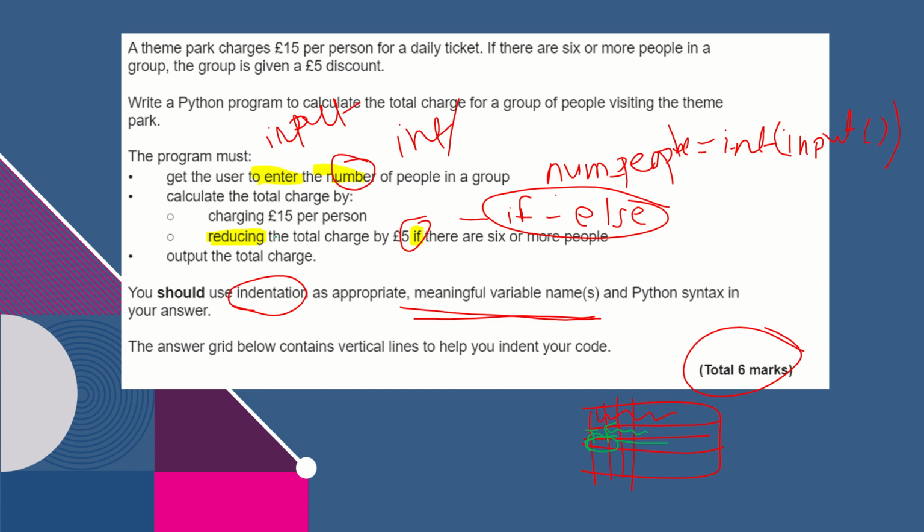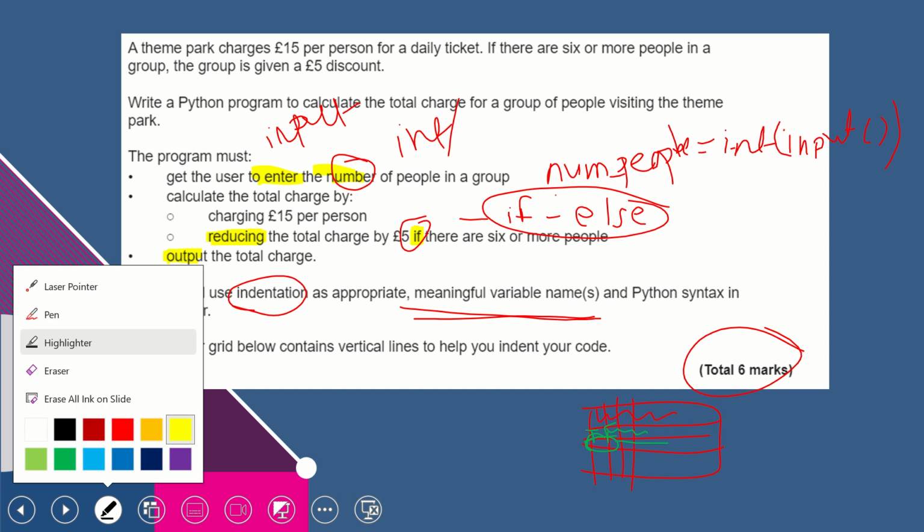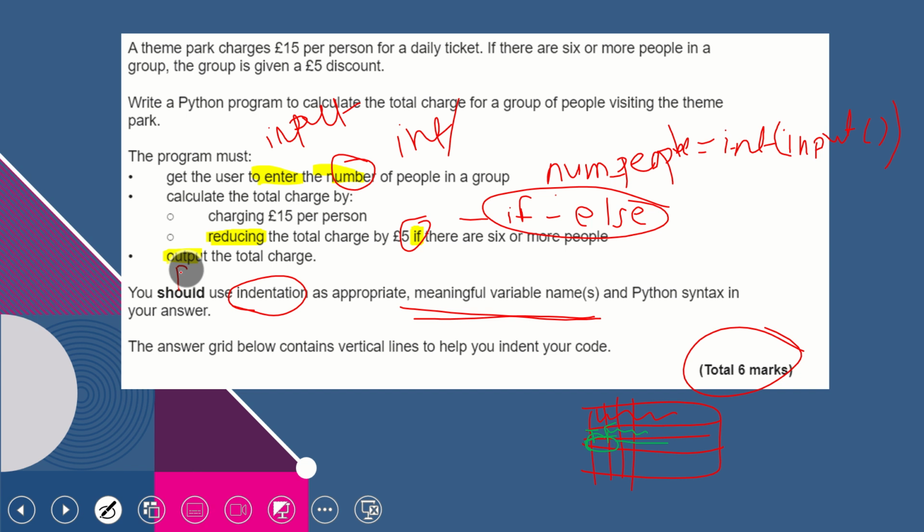Now, when you see if, that's one thing, and then again the very important highlighted part is output. Whenever you see output, it means you should be using the word print. So that's what helps you.